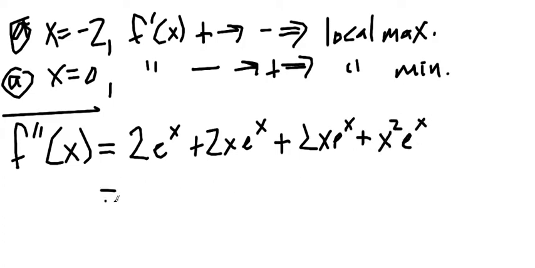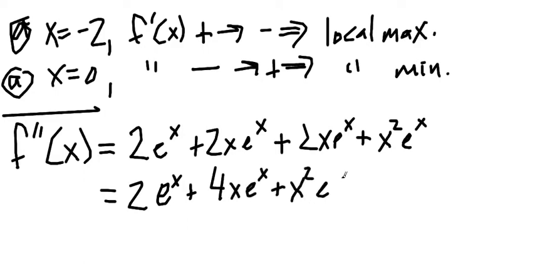So combining like terms, this is 2 e to the x plus 4x e to the x plus x squared e to the x. So the second derivative test says let's plug in the places where the derivative is equal to 0.